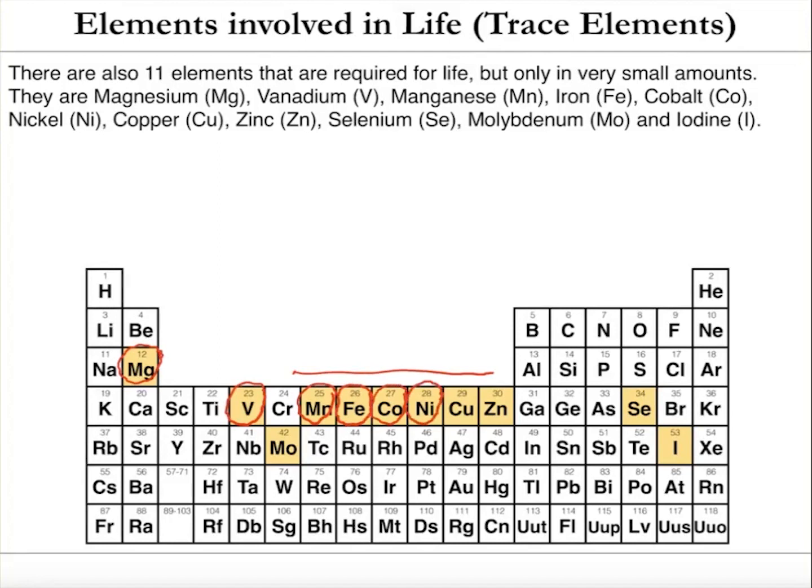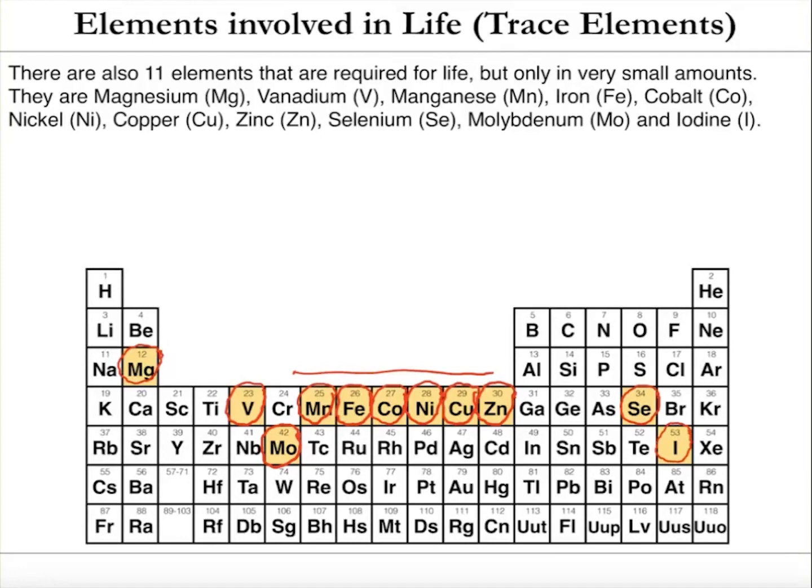Nickel, 28. Copper, number 29. And zinc, number 30. Also, selenium is required in trace amounts, so that's number 34. Molybdenum, which is 42. And then the heaviest element of the trace elements is iodine, which is absolutely necessary for life, but only necessary in very small amounts.